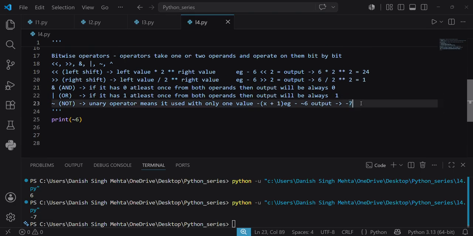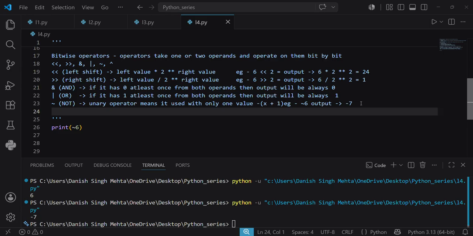So now we will come towards our last binary bitwise operator, which is XOR. If I tell you the definition, let's first do a code.